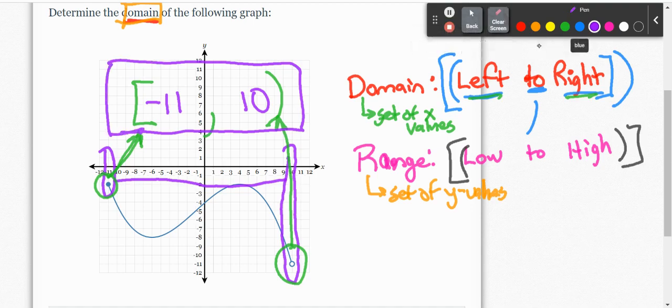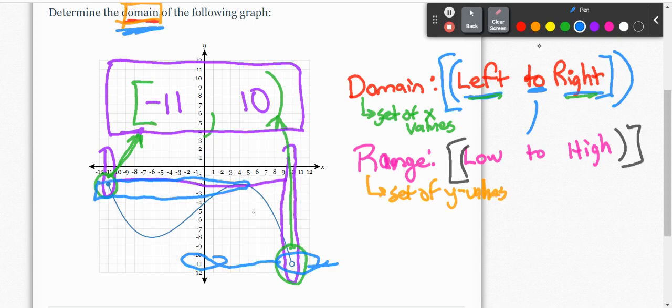So in doing range, if you were supposed to, this one just says do domain. What we do is go low to high. And so the lowest value is this -11. That's not included. And the highest value is going to be this -2, which is shown up twice on this graph.